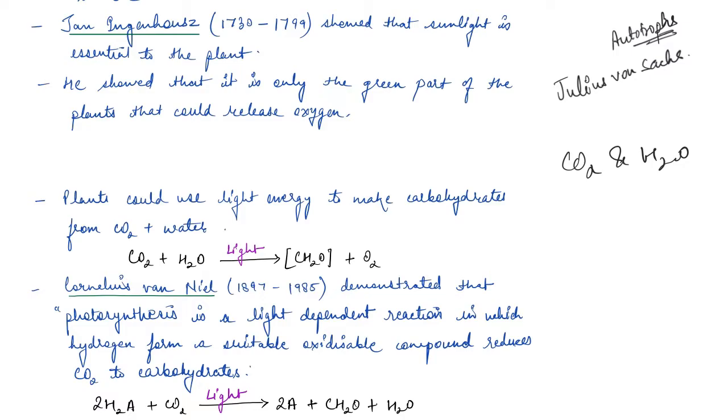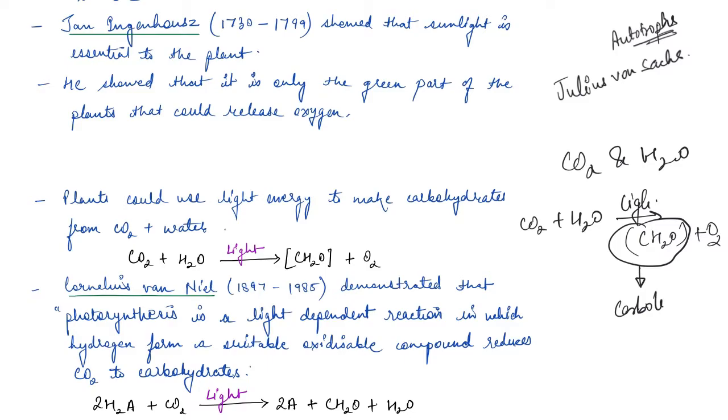The process is basically carbon dioxide plus water, in the presence of light, converts into glucose, and oxygen is released, right? So here, glucose represents the carbohydrate.